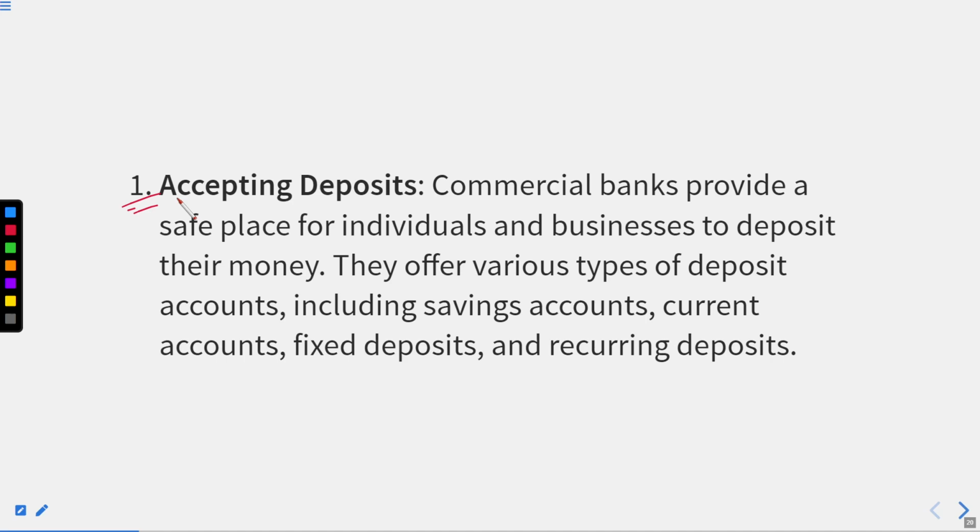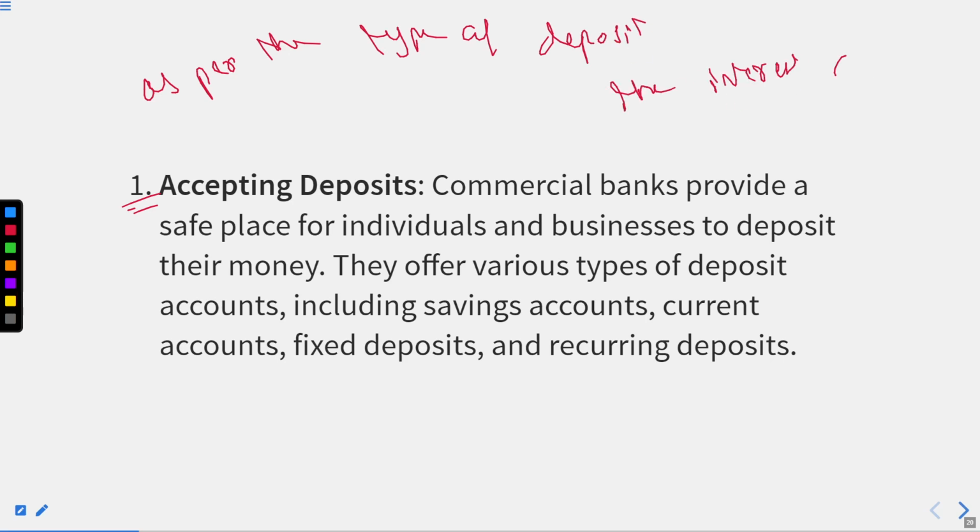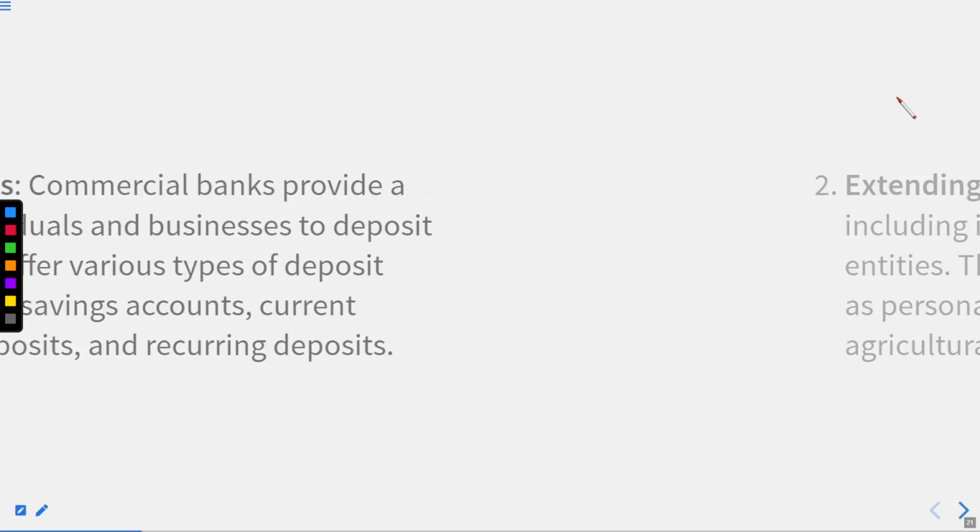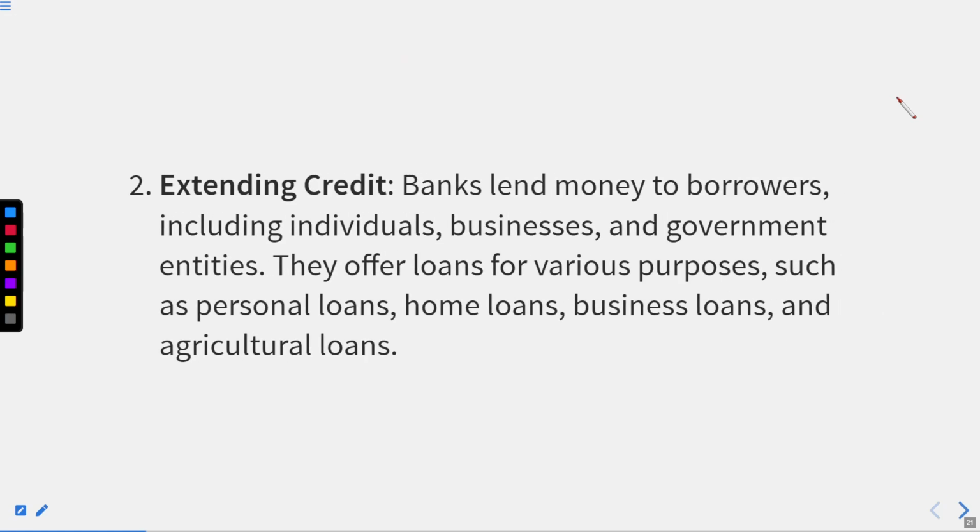Banks provide a safe place for individuals and businesses to deposit their money, and offer various types of deposit accounts, including savings accounts, current accounts, fixed deposits, and recurring deposits. Okay, as per the type of deposits, the interest rate is provided.